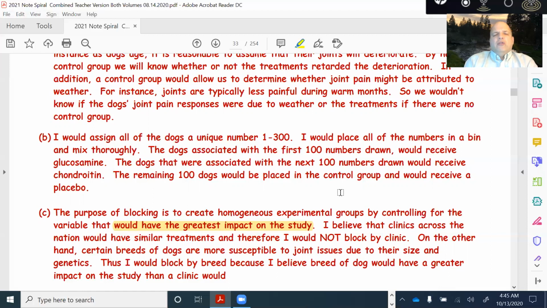So that's why I chose to block by breed. Once again, just using logic based on what I know about humans and human sizes. So this is the way I would have broken this problem down. Once again, on all problems, if you put the definition, that's not going to be any credit, but it gives you flexibility. You know what you're talking about. And then all of a sudden, you put the whole thing into context.